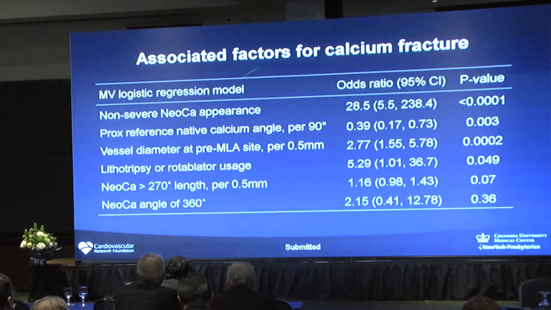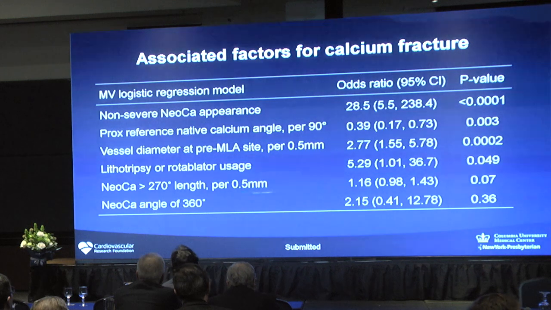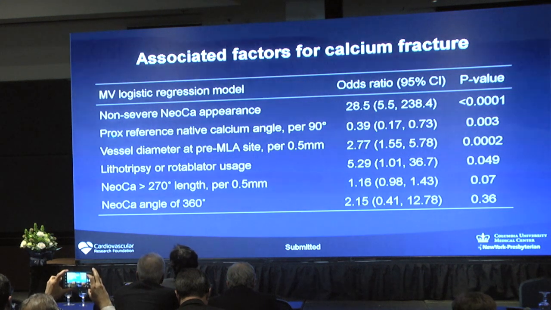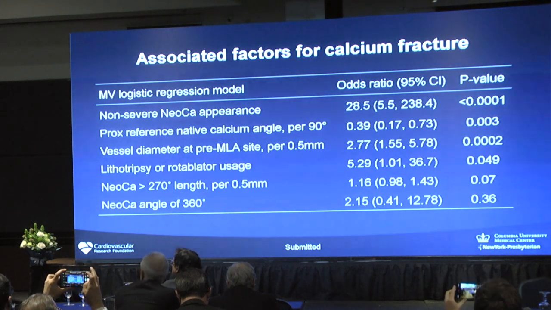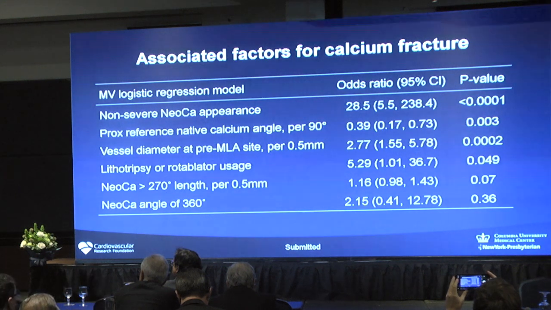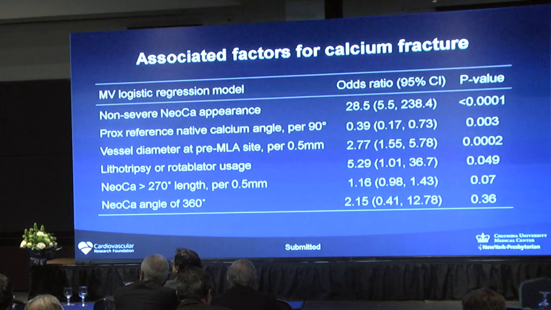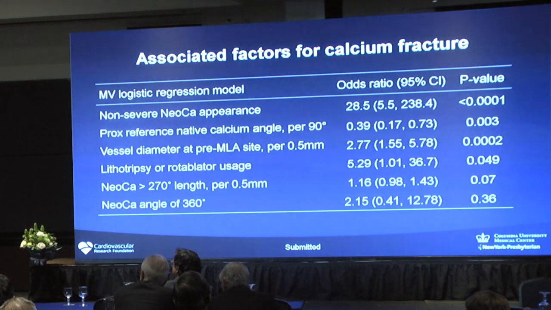And we are going to publish this data. This is all neoarterial calcium by IVUS. And what is important by IVUS? Not only the inside, but also the reference segment calcium, because native calcium and in-stent calcium are correlated a lot. If you have big calcium in the reference, you have big calcium behind the stent, which is very difficult to treat.